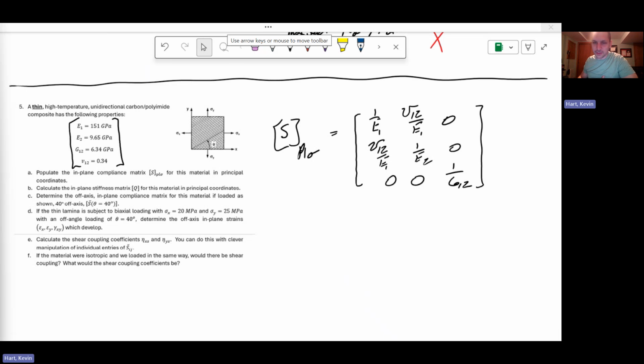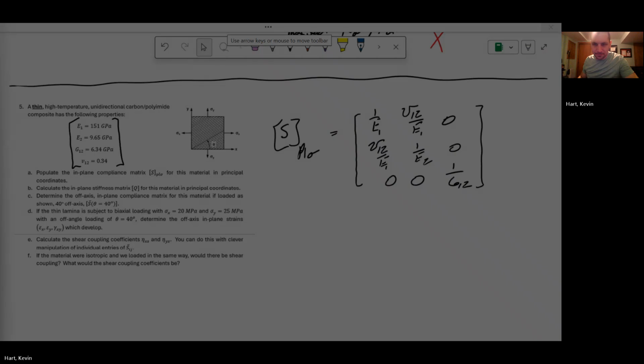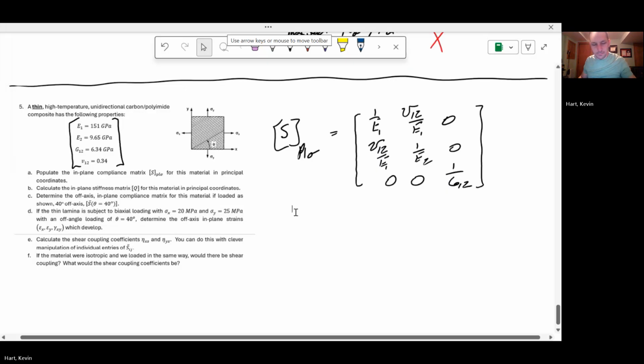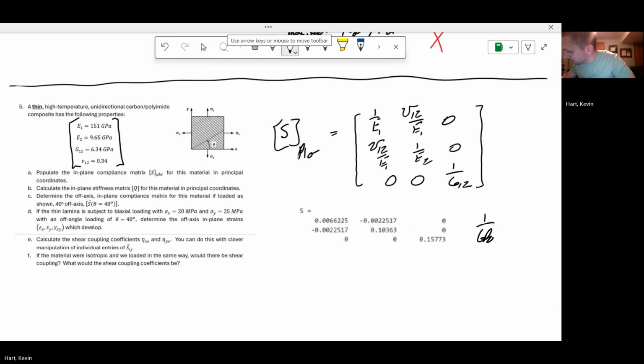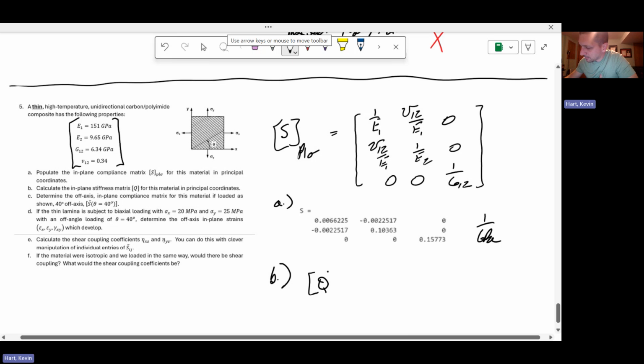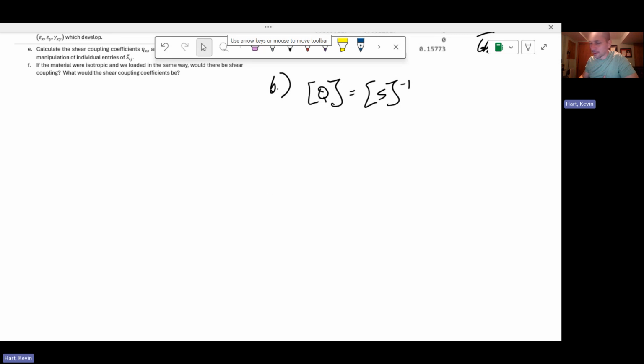If you do the calculation, you should end up with the following compliance matrix. Okay, this is 1 on GPa as units. And this is the answer for part A. All right. For part B, stiffness matrix Q is the inversion of S. Okay, again, do this in MATLAB, Excel, whatever you want.